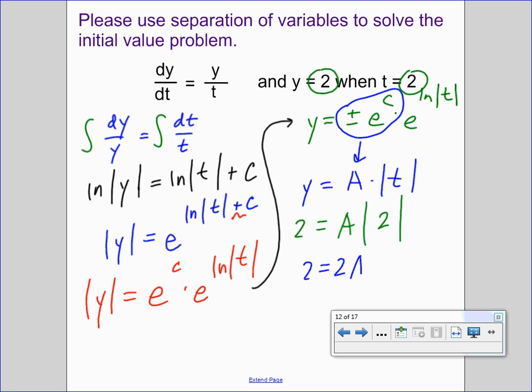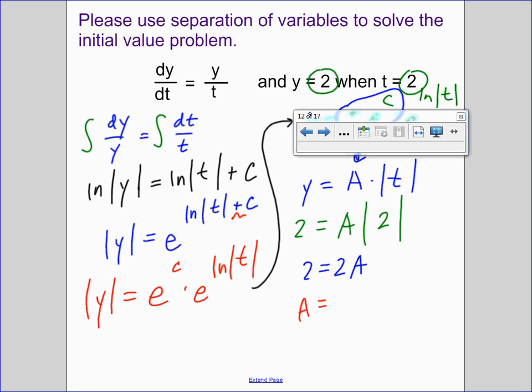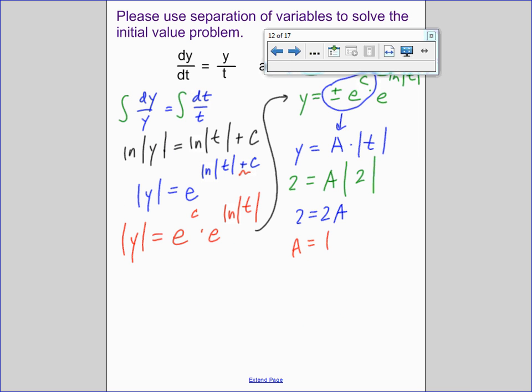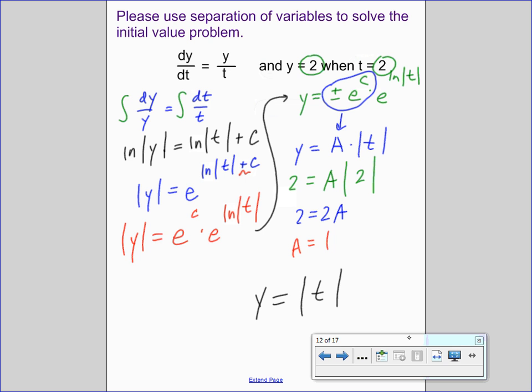So 2 equals 2a. So a equals 1. Is that what you guys are getting? So my particular solution that satisfies the differential equation is y equals 1 times absolute value of t, or simply y equals absolute value of t. What? y equals the absolute value of t satisfies that differential equation.